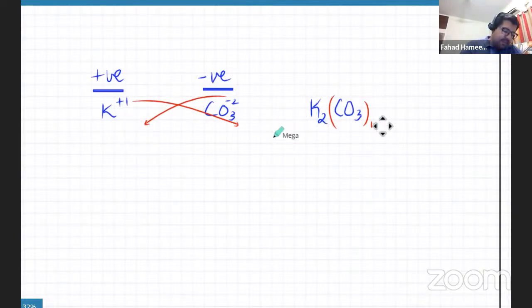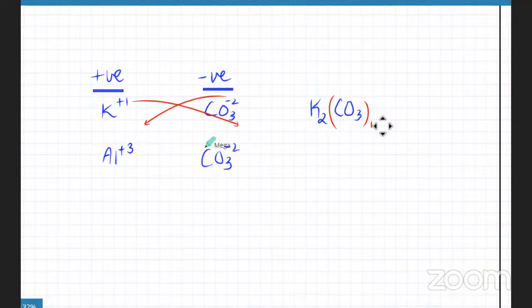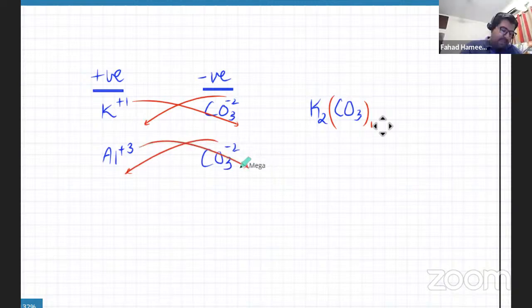Let's do another one. Let's say I have aluminium carbonate. This is group 3, that's +3, and this is CO3, which is -2. What would be the formula in this case? Al2CO3. Again, this one, Al would be 2, right?